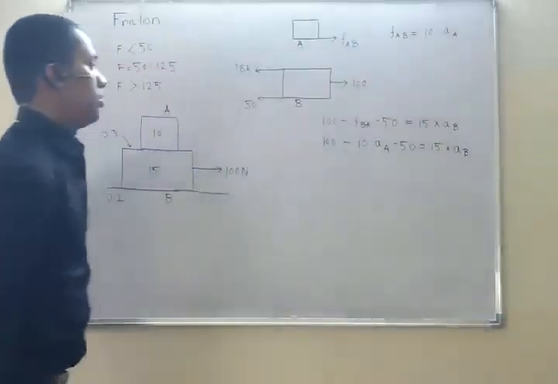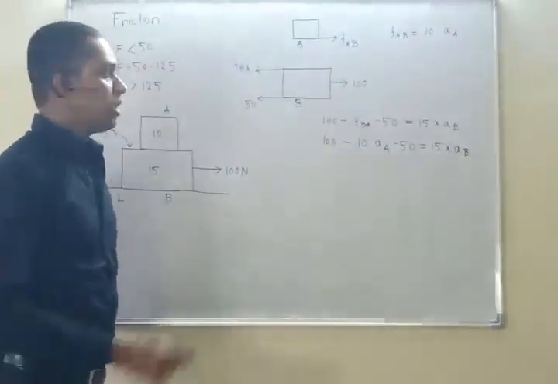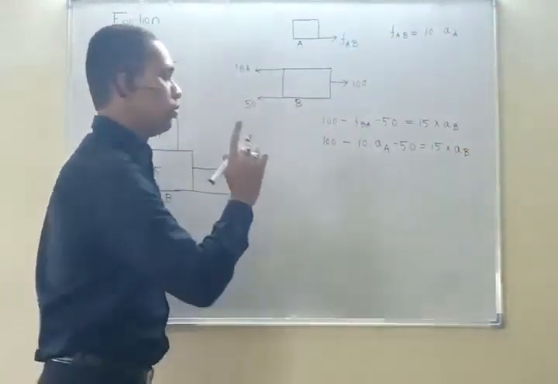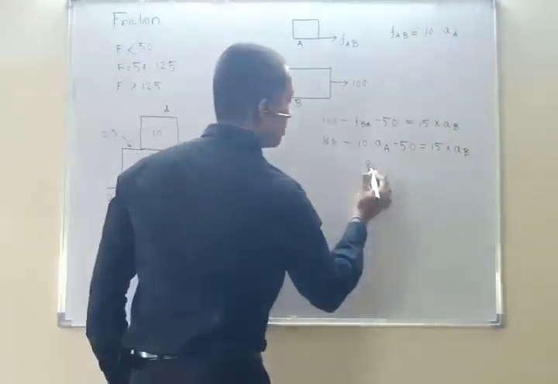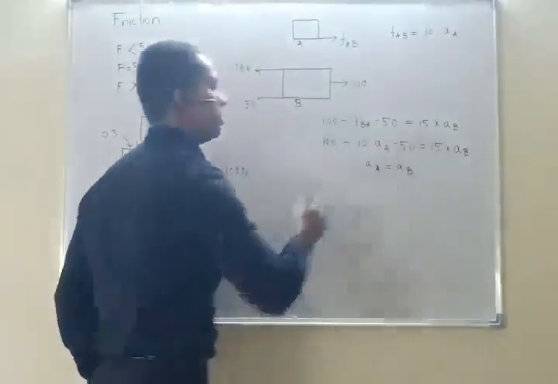Now I am talking about both of the blocks moving together. When is that possible? When their accelerations are equal. It means when the acceleration of A is equal to the acceleration of B, only then it is possible.